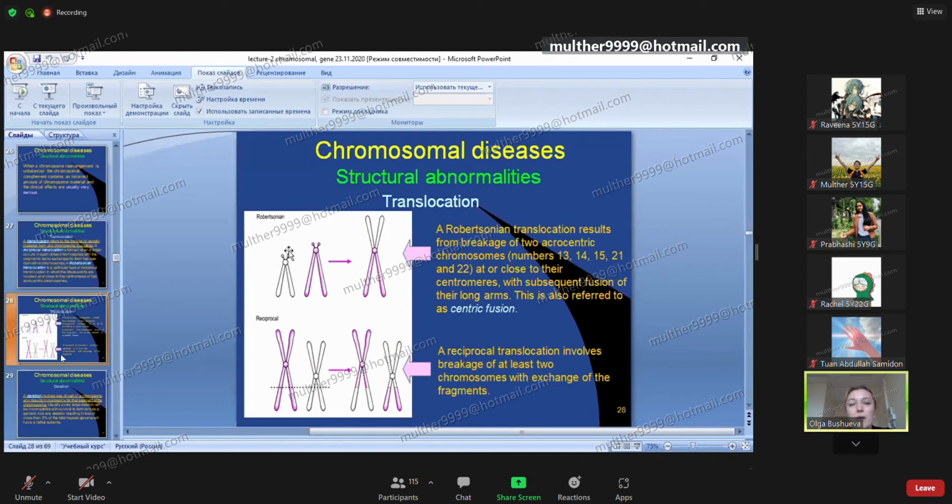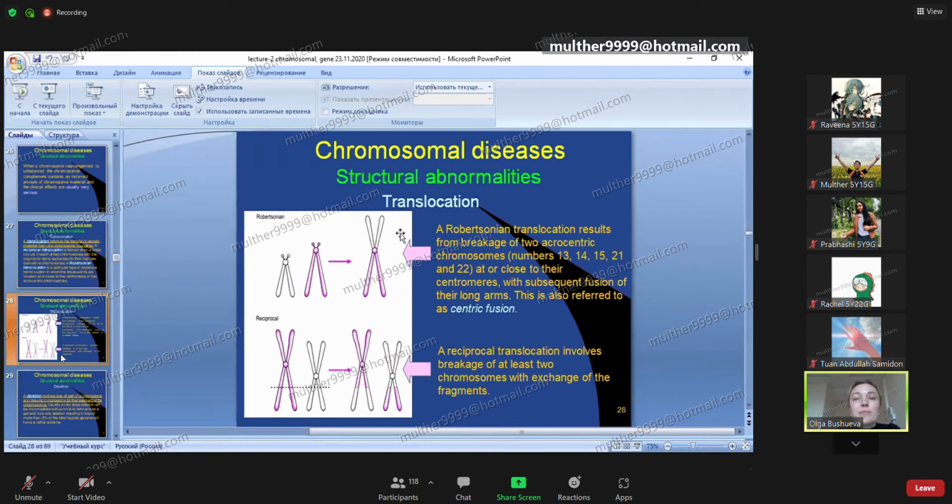Acrocentric chromosomes have a very short arm P and a long arm Q. So when 2 acrocentric chromosomes lose their short arms and combine into a large metacentric or submetacentric chromosome at the region of the centromere, it will be an example of Robertsonian translocation.